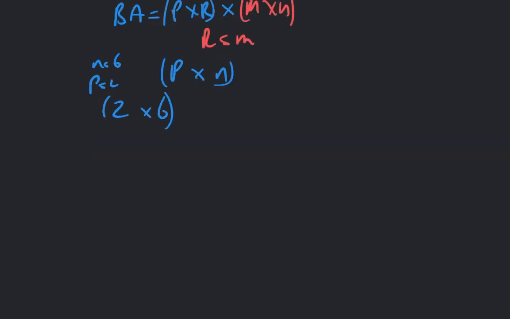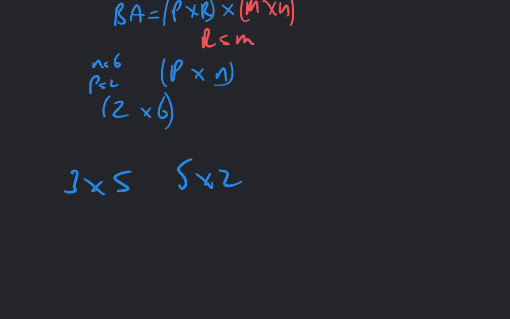For example, if we have a 3 by 5 and a 5 by 2 and we want to multiply them, we can't do 5 by 2 by 3 by 5.